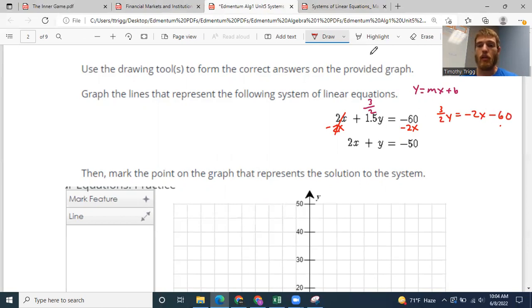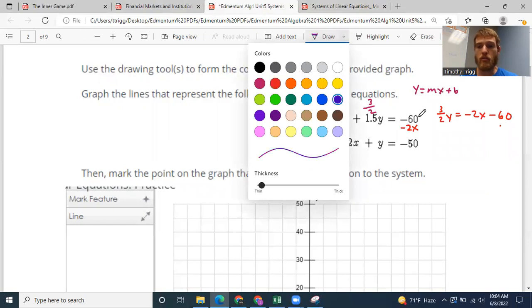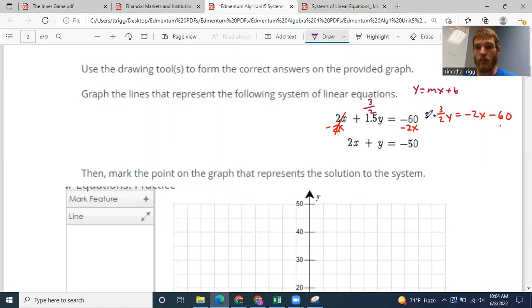From here, let's multiply both sides by 2 to get rid of this denominator. Multiplying by 2 gets rid of that, but that means you have to multiply this side by 2 as well. So here we'll have 3y equals, let's distribute this 2 so it multiplies with every term, negative 4x minus 120.